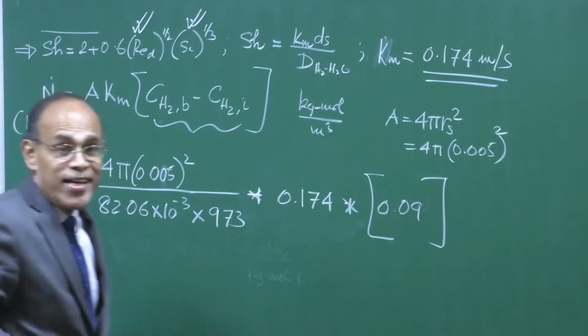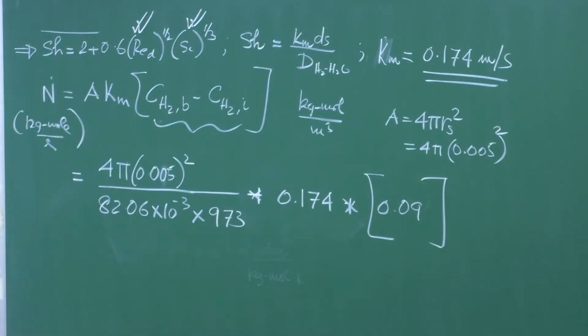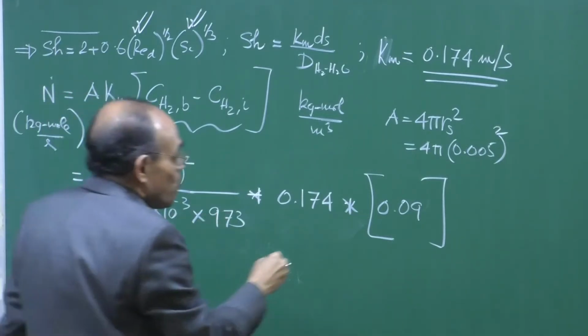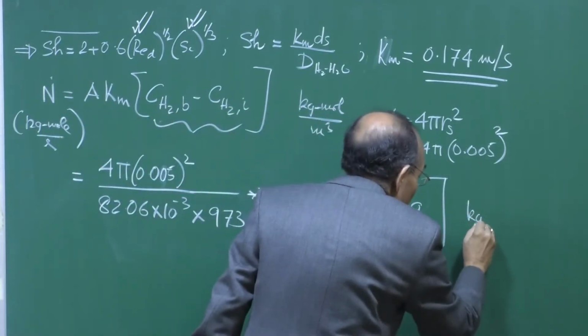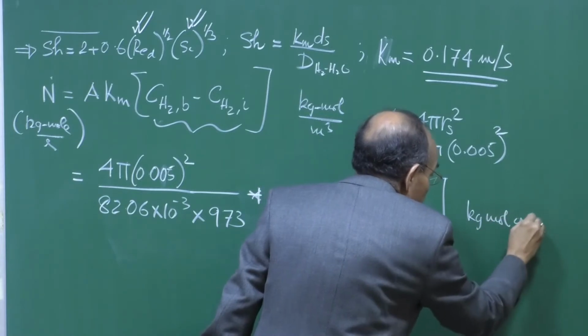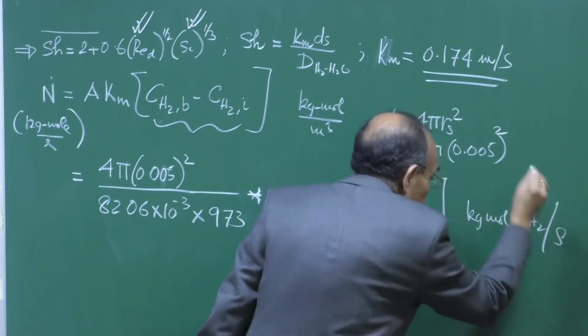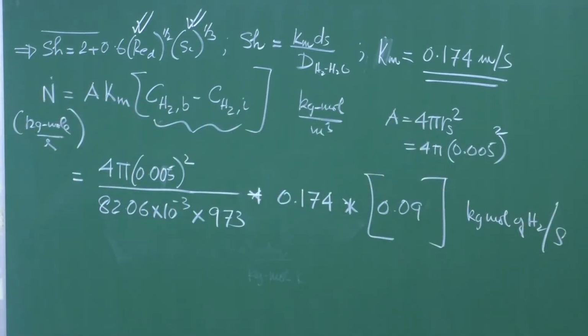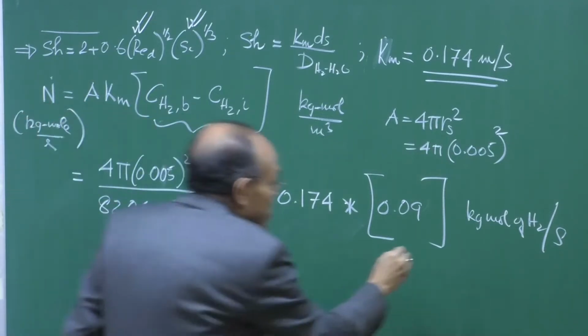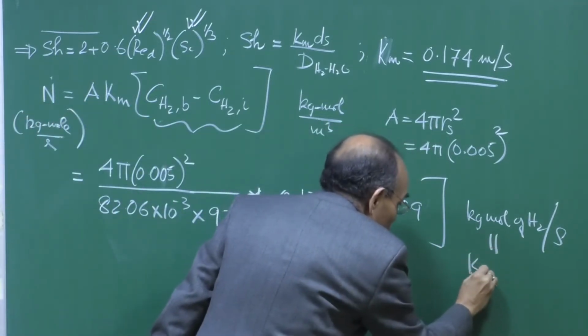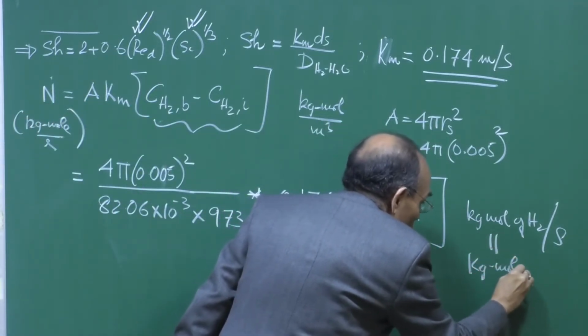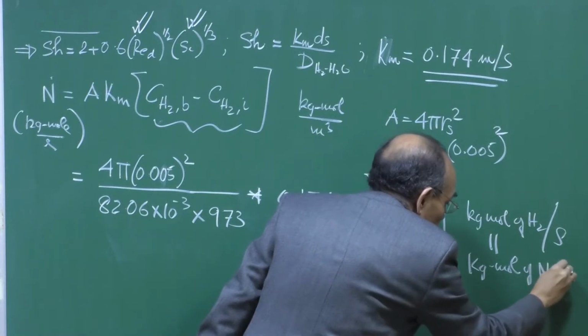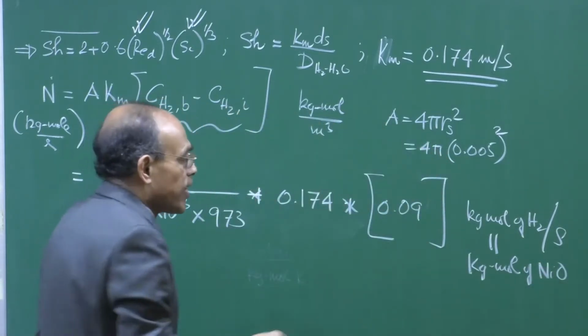And as I have indicated, on the basis of this equation you get kg mole of hydrogen per second. That is the rate of transport, and this value is essentially equal to kg mole of nickel oxide per second.